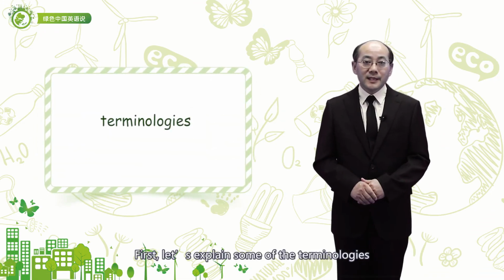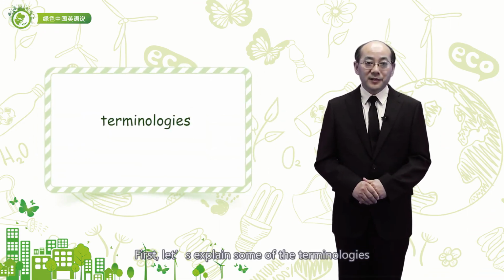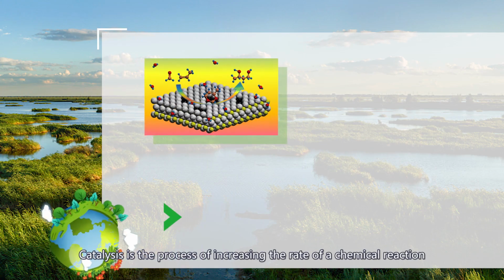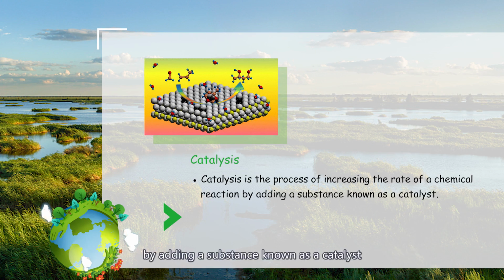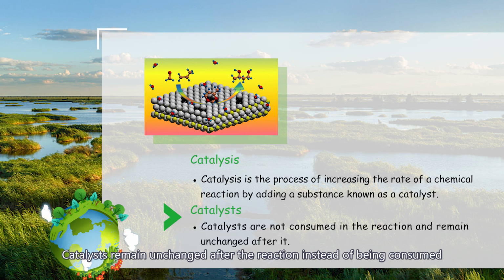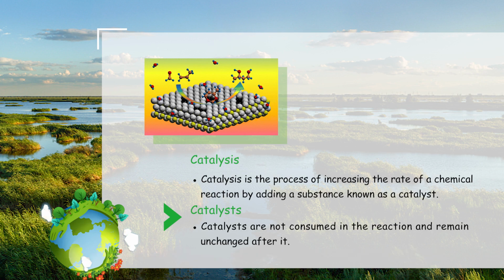First, let's explain some of the terminologies. Catalysis is the process of increasing the rate of a chemical reaction by adding a substance known as a catalyst. Catalysts remain unchanged after the reaction instead of being consumed.